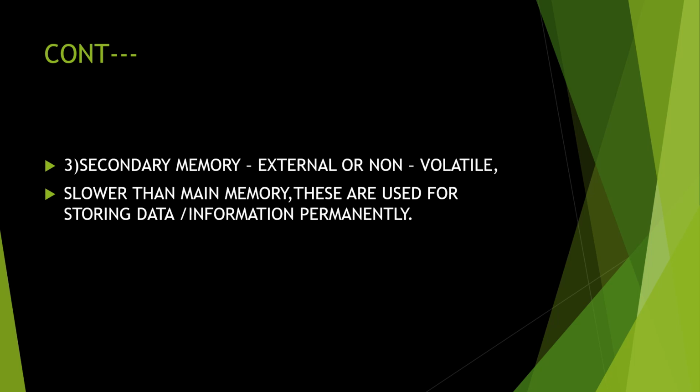So I think you get an idea about the three types of memory. Cache memory has high speed but less storage, and it is a buffer between the CPU and the main memory. The next is the primary memory, which has less speed than the cache, and its storage is better than that of the cache. And the secondary is the high storage area, but its speed is very low.